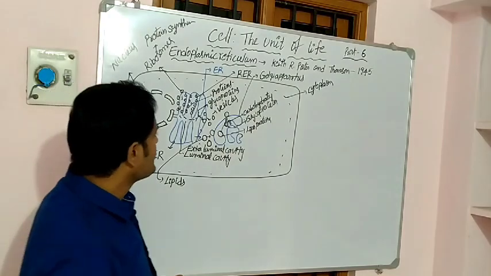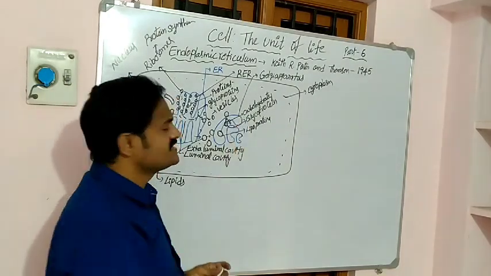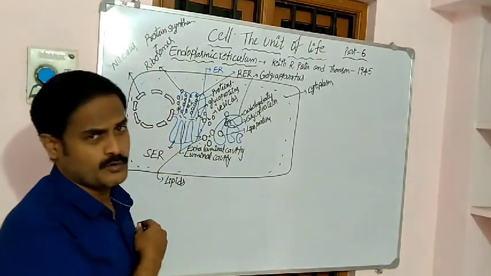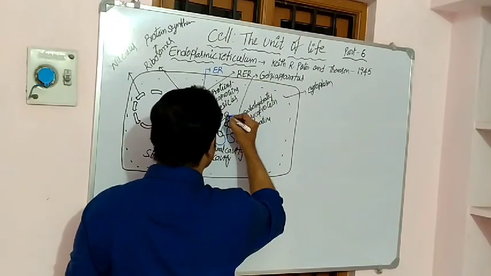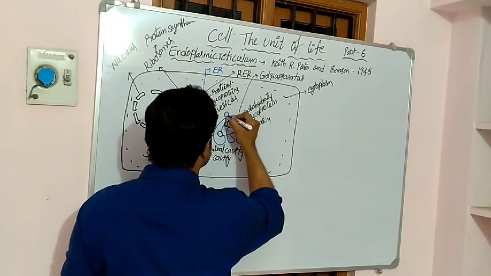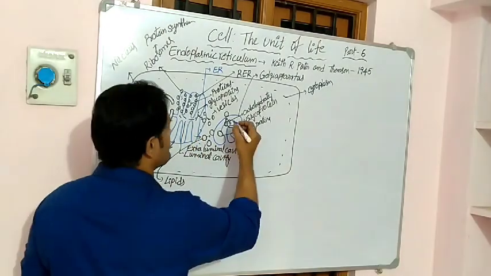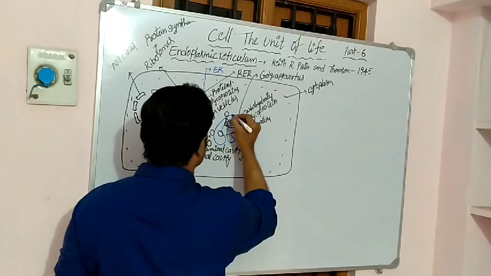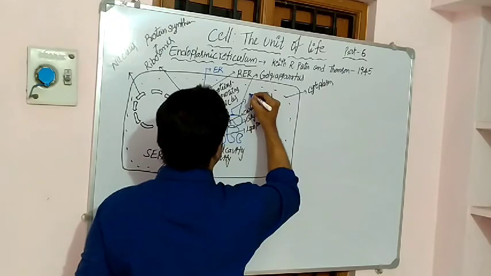Okay, then when we observe the Golgi complex, it consists of mainly two portions. See here, this portion where the vesicles are attached to the surface area of the Golgi complex is called cis.